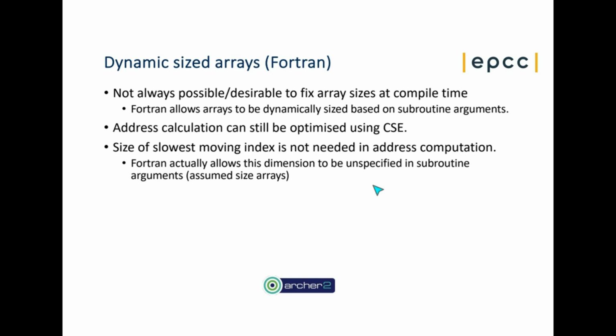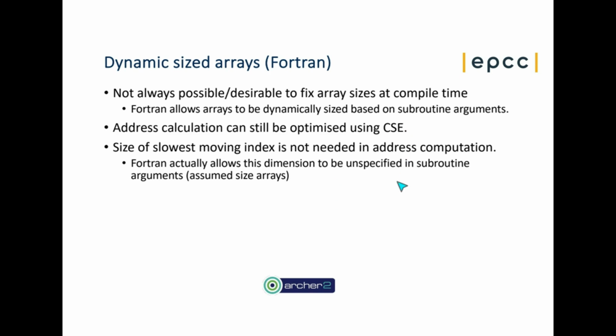Okay, dynamic arrays. It's not always possible or desirable to have fixed array sizes at compile time. Fortran allows arrays dynamically sized based on subroutine arguments, and you can also use allocatables.